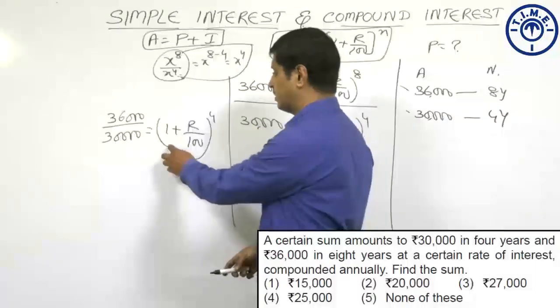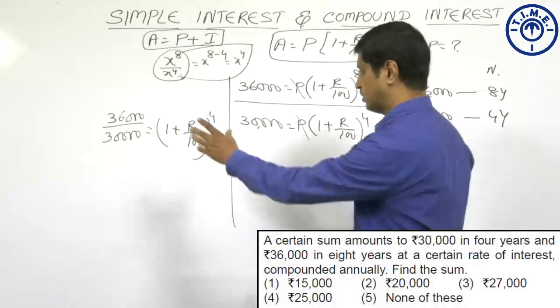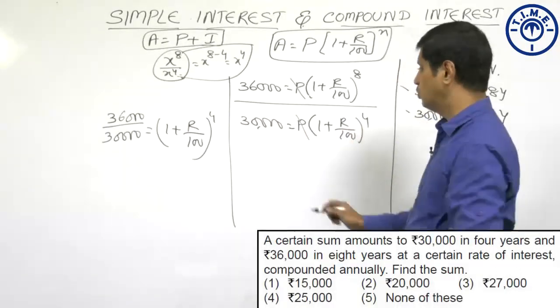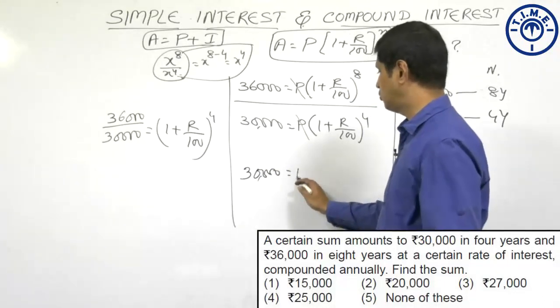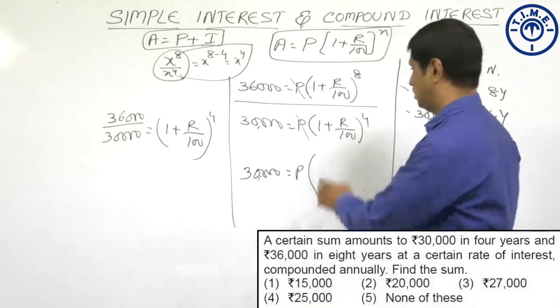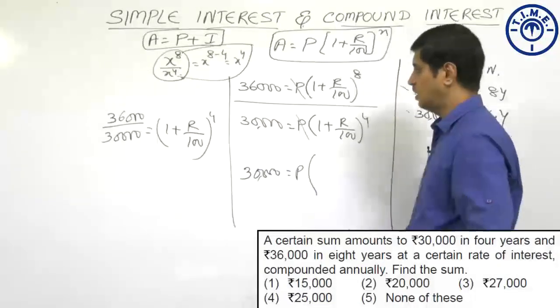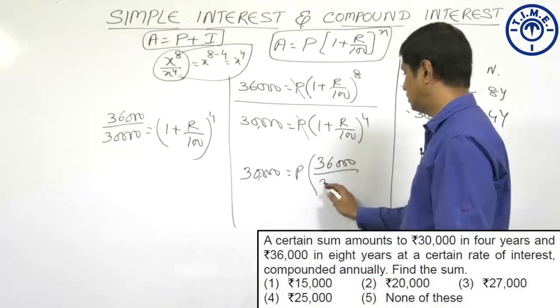Now, the value of 1 plus R by 100 whole power 4 is given here. Now, substitute the same value here. When you substitute the value, what is the result? 30,000 is equal to P into the value of 1 plus R by 100 whole power 4, which we just derived as 36,000 by 30,000.